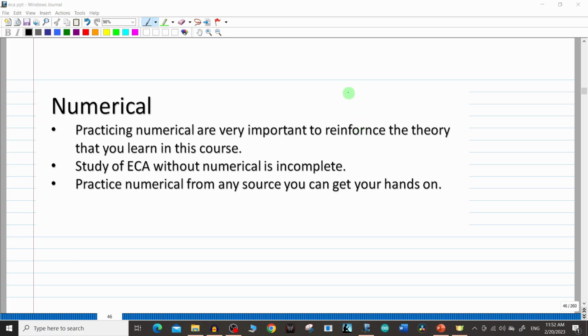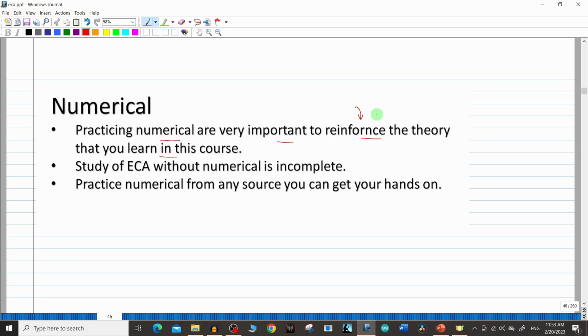But before starting, I would like to emphasize a few points on the importance of doing numericals in a subject like engineering circuit analysis. Firstly, practicing numericals is very important to reinforce the theory that you have learned in this course. You are going to learn a lot of theory, but unless you do numericals, it will be very difficult to reinforce the theory inside your mind.